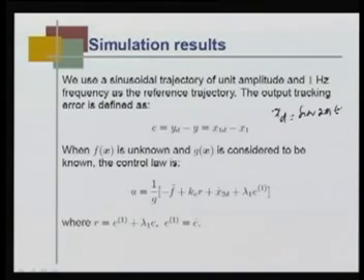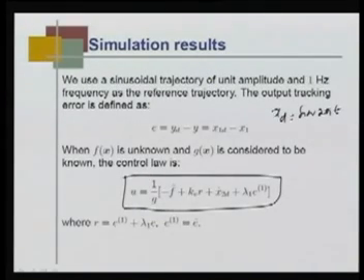This is my reference trajectory, and E is y d minus y, which is x 1 d minus x 1 in state space. When f x is unknown and g x is considered to be known as per our theorem, your u is 1 upon g times minus f hat plus k v r plus x 2 dot d plus lambda 1 E 1. This is our usual control law that we have already defined, and r is the first derivative of E plus lambda 1 E.